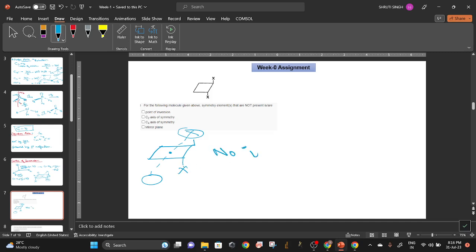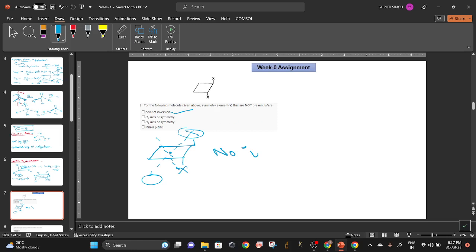Similarly, when you look for this atom, moving through this point and across this point in space, there should be exactly the same halogen atom, but it is not there. So the molecule does not have an inversion center.